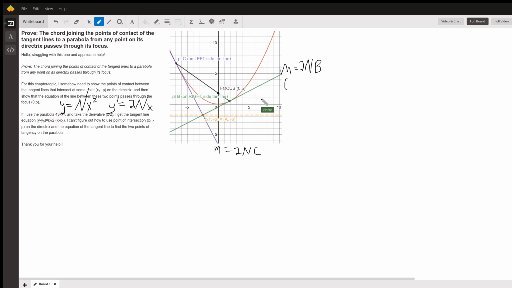So another way to come up with the slope is to go B, f of B, that's the point right here. It has to pass through here, and it must also pass through (A, negative P).